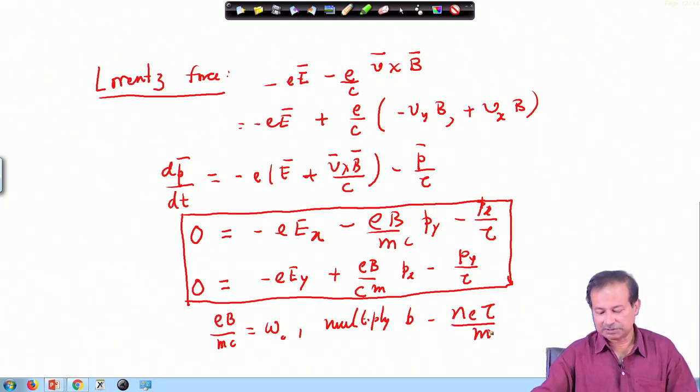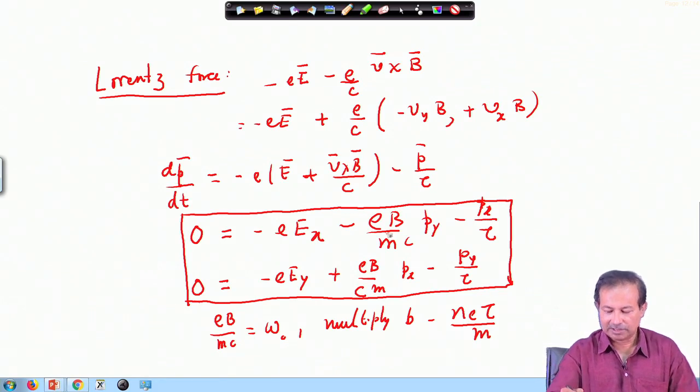See, you can see the logic for doing this, because if we use this multiplication, these terms will become n e squared tau by m, and there is an eB by mc. So, I will have an omega_c times tau.